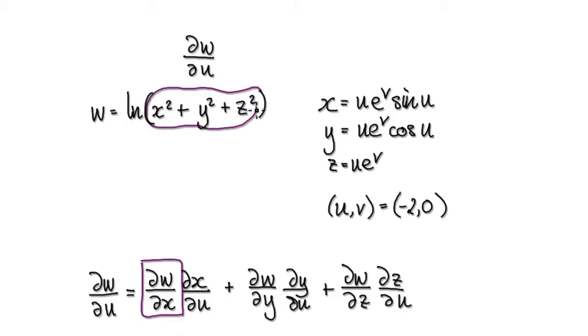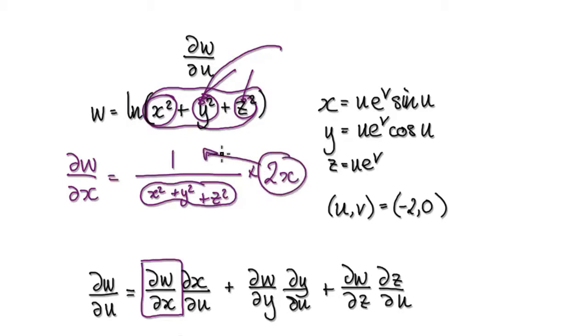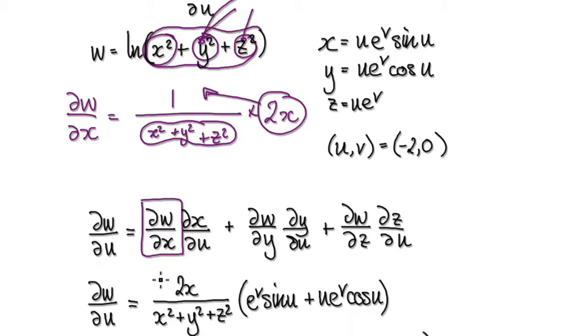When you take the partial derivative with respect to x, y is a constant and z is a constant. So that would be 1 over the bubble itself, x squared plus y squared plus z squared, times the derivative of the bubble itself. Remember x is the variable, y and z are constants, so this would be 2x, and then it gets multiplied to the top, giving you this thing here.